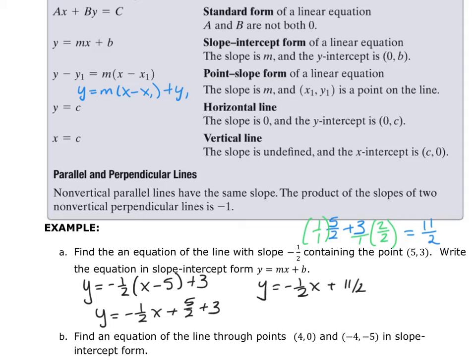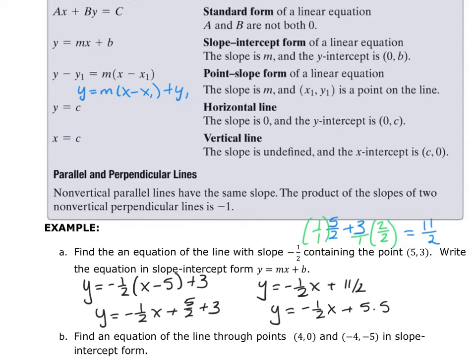So when you are entering this into WeBWorK, you will probably enter negative 1/2 x plus 11 halves, or 5.5. That is probably the preferred way to put it into WeBWorK. Off the top of my head, that would be the preferred method, although putting it in like this is totally fine. What you're not going to put in there is a mixed number. Does that make sense? Any questions?